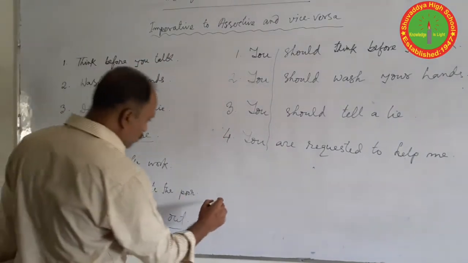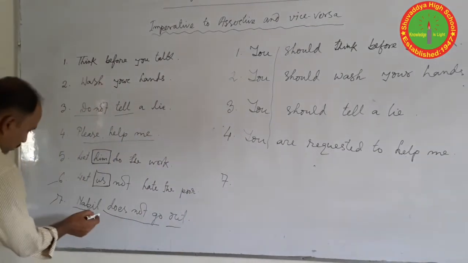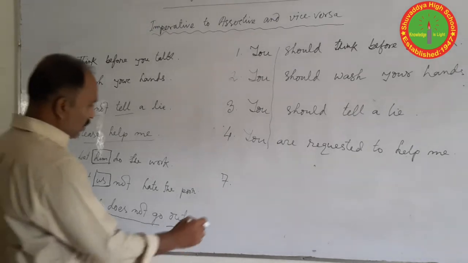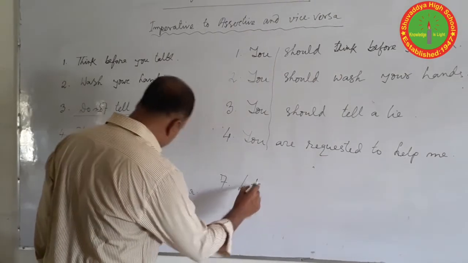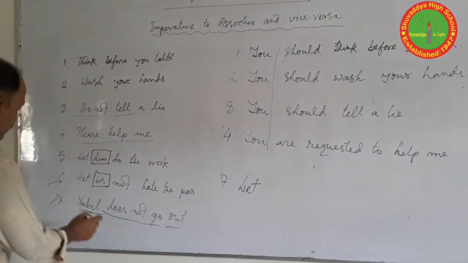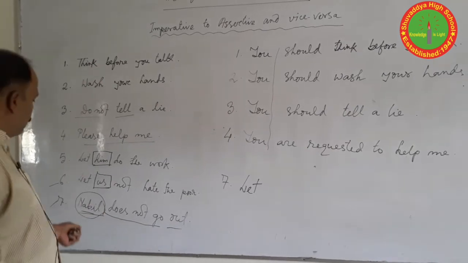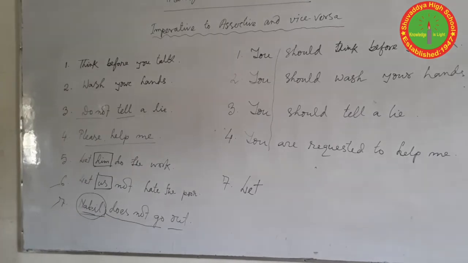So the answer of question number 7 should be, here the subject is third person and for the imperative sentence, we will write let. And only the pronoun form has objective form, but not the noun form.